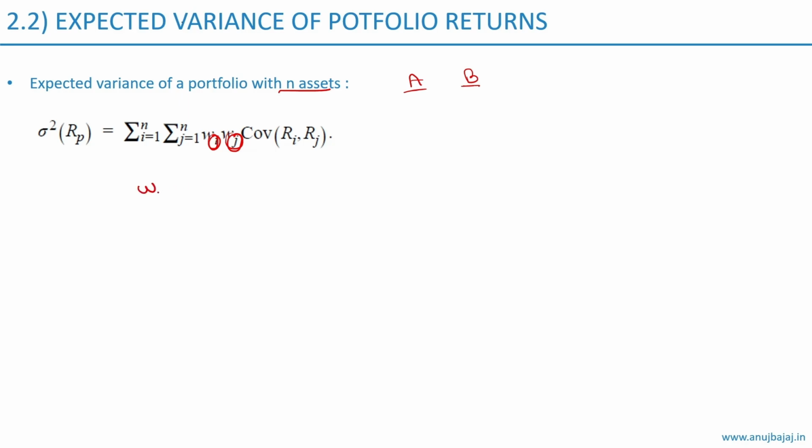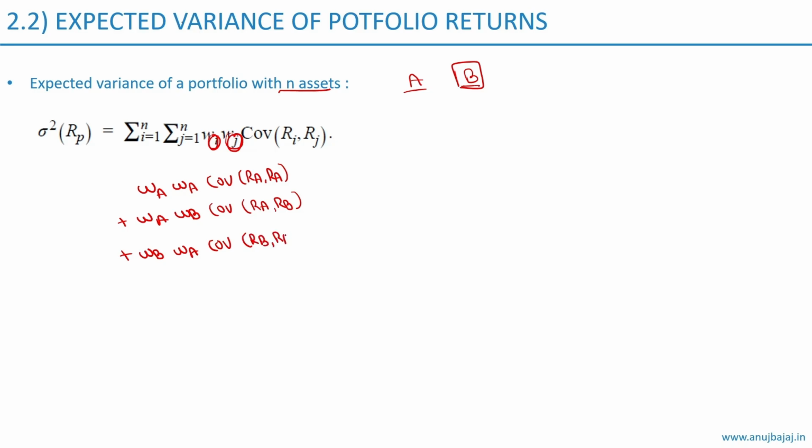We take the weight of asset A. We also substitute j for asset A, multiplied by the covariance of the return of asset A with the return of asset A. Then we take the weight of asset A and now we substitute j for asset B: the weight of asset B multiplied by the covariance of the return of asset A with the return of asset B. Then we substitute i with B. So the weight of asset B times the weight of asset A multiplied by the covariance of RB with RA.